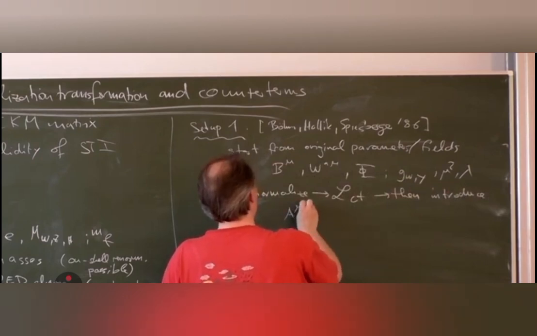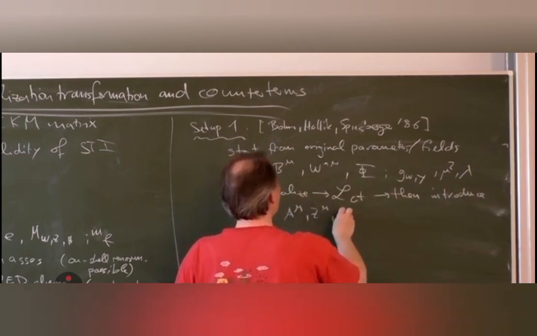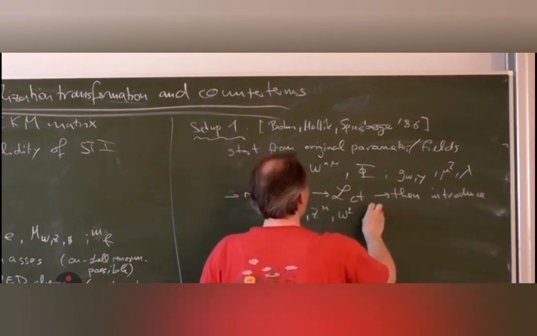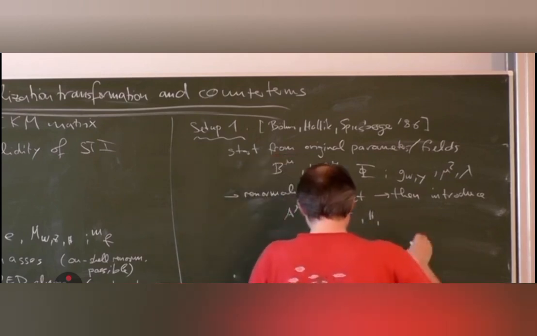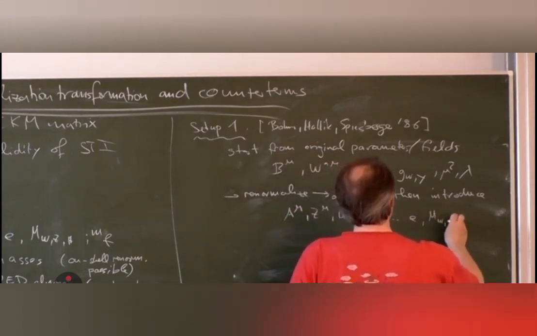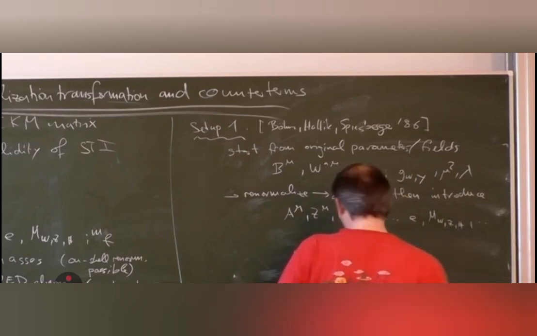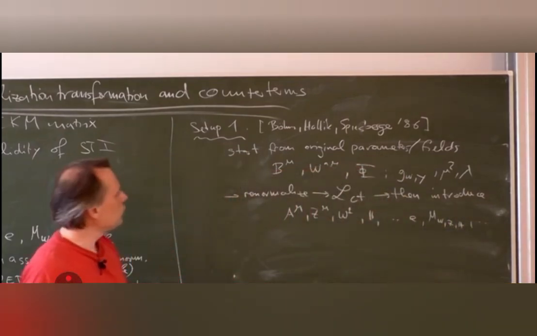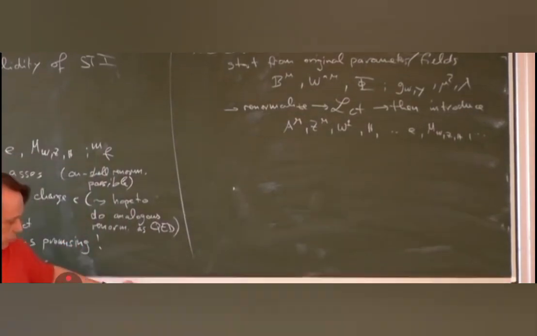So then they introduce photon, Z, W plus minus, Higgs field, and so on, and the parameters e, MW, MZ, MHiggs, and so on. Okay. So this is one way to set it up.